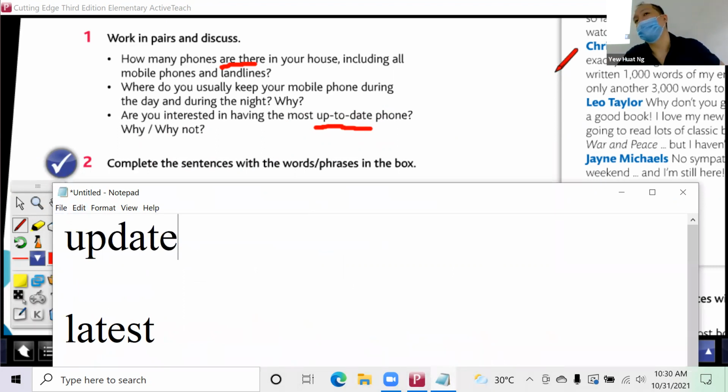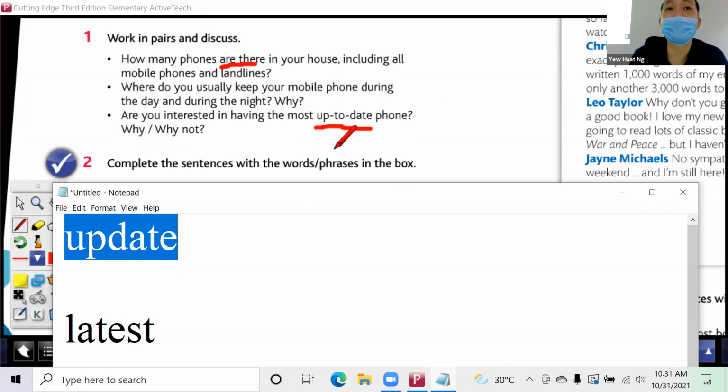When do you use update? How do you use update in the office? For example, when you create a new system, we have to update. Yes. So update actually means up to date. What date? What is this date?